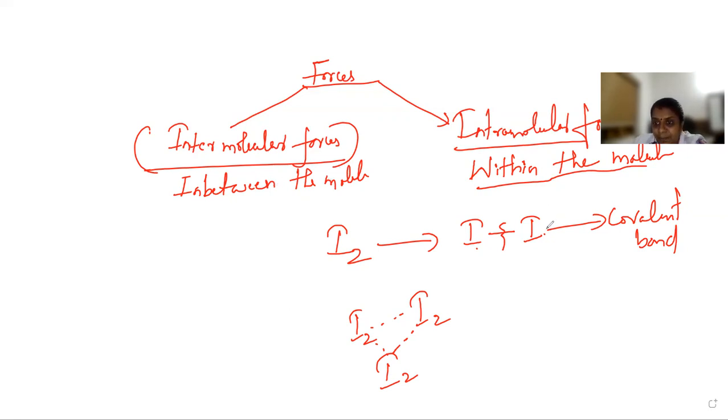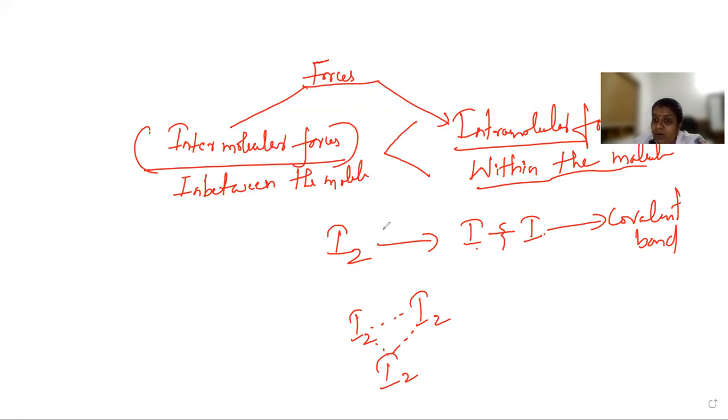Intramolecular force is within the molecule, so covalent bond, ionic bond, metallic bond, all of that is intramolecular force. Intermolecular force is a force that will exist between the molecules. Always, intermolecular force will be weaker than the intramolecular force.